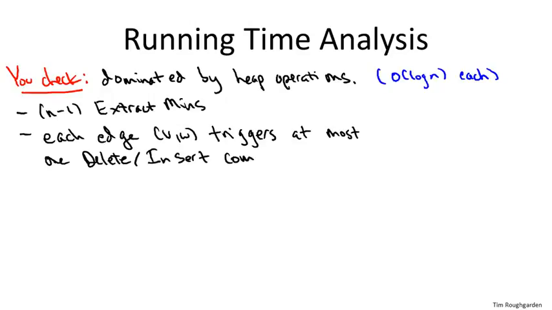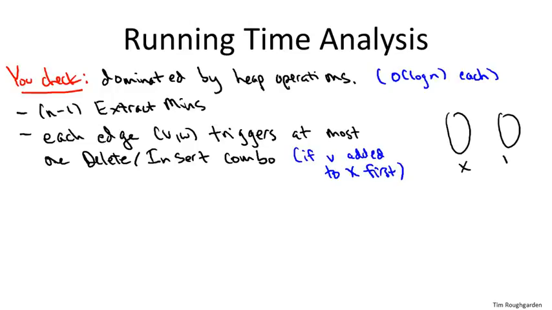And that's in the case where the tail of the edge, V, gets sucked into the set X before the head, W, of this edge gets sucked into the set X. If that happens, if V gets sucked into X and W is still outside of X, then indeed we're going to have to decrease the key of W, just like we did in the examples.